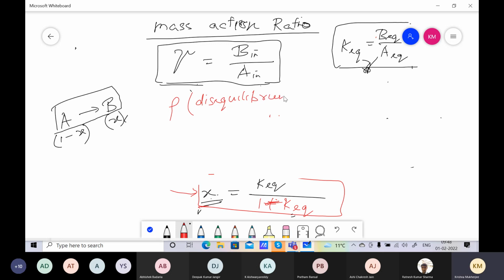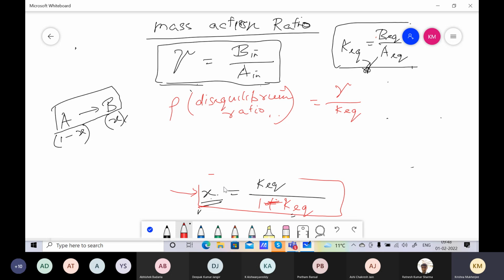Do you understand what I am doing? Rho is defined as gamma upon K equilibrium. Okay?